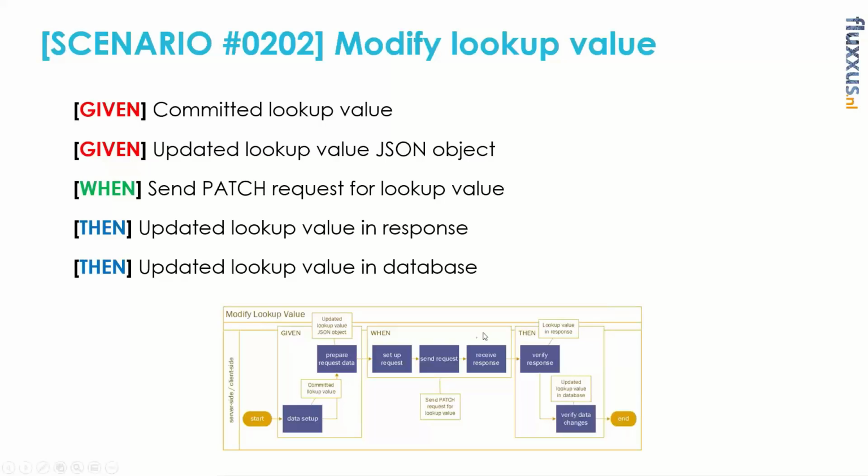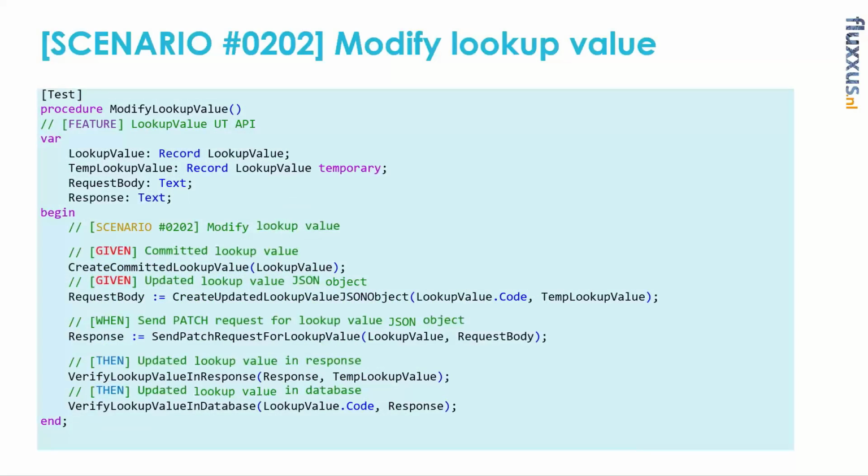And then I'm preparing and sending that patch request, receiving the response, verifying the response, and then of course I need to do a quasi server side check that the updated lookup value is to be found in the database.